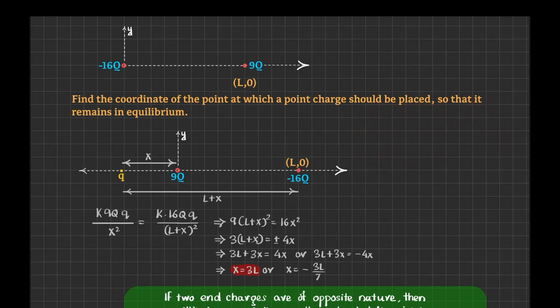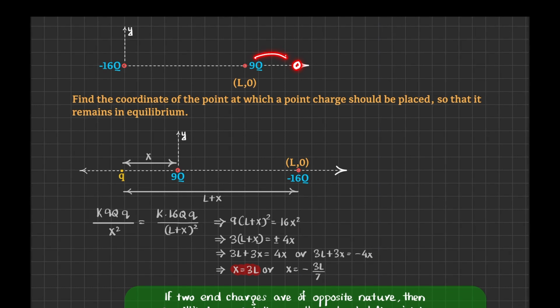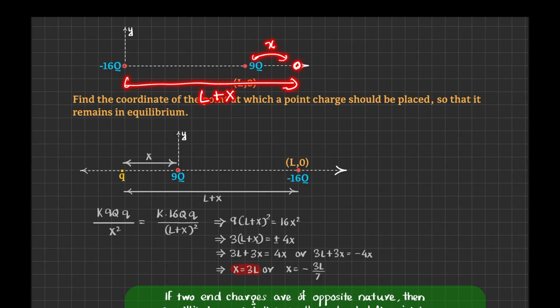Instead, if we choose a point here, then what happens? In this case, near to 9q, I have, let's say, distance x, and from minus 16q, the distance becomes L plus x.